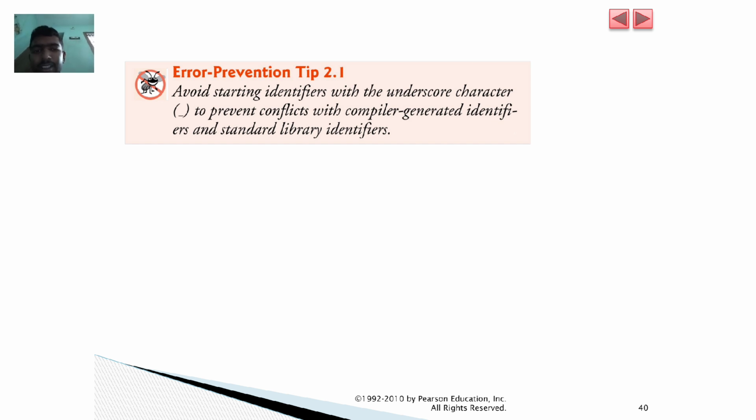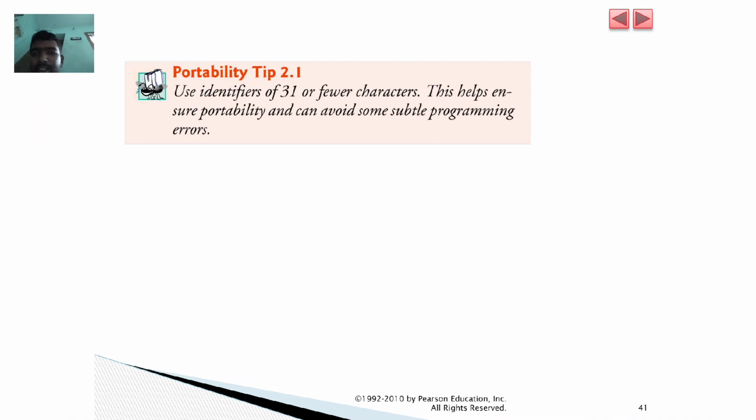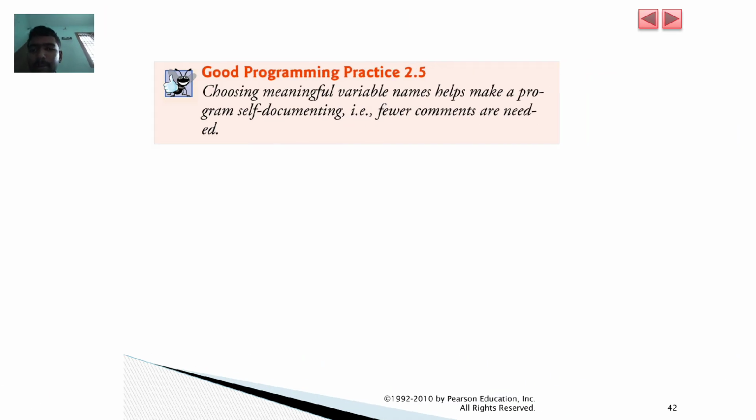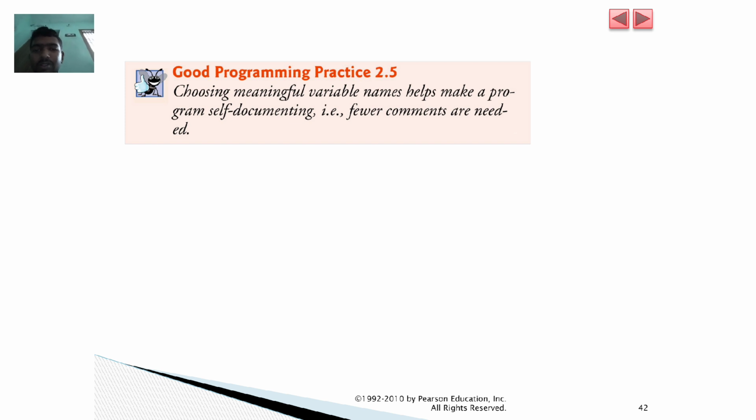Avoid starting identifiers with underscores, to prevent conflict with compiler-generated identifiers and the standard identifiers. Choose meaningful variable names, with the help of which programs become self-documenting and fewer comments are needed.